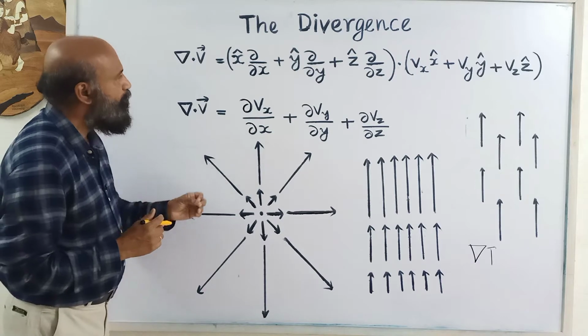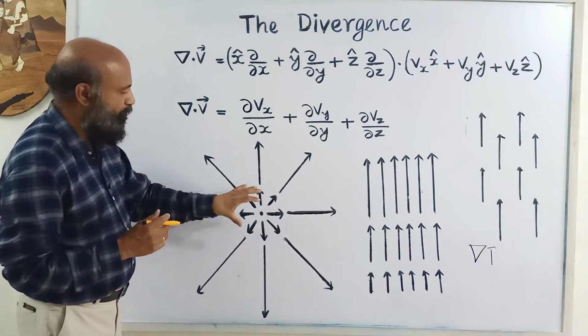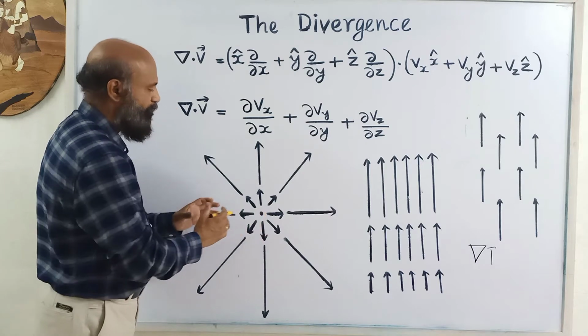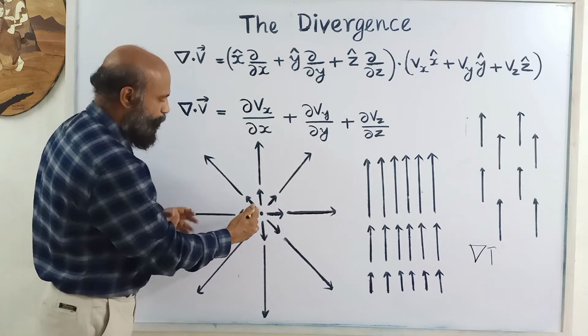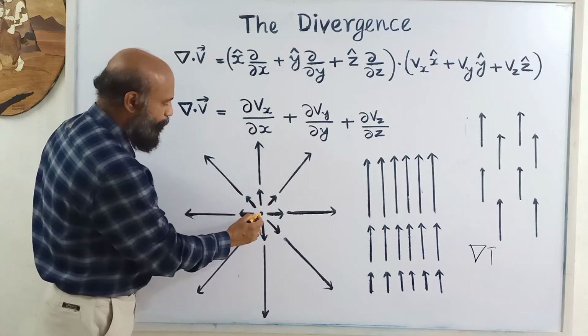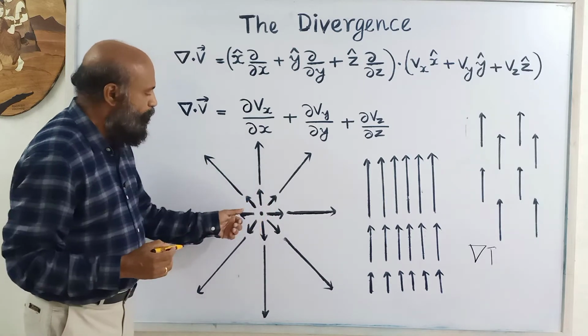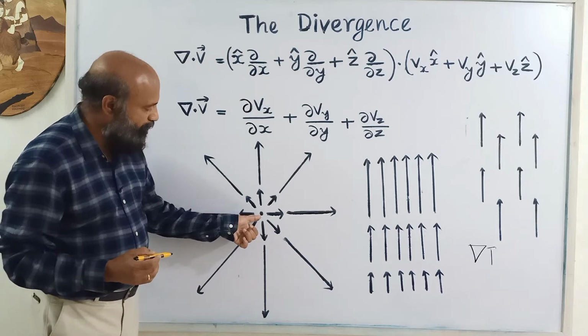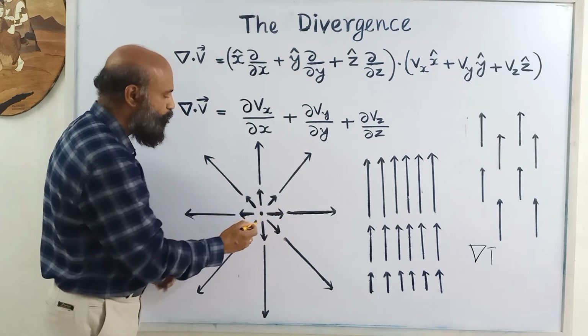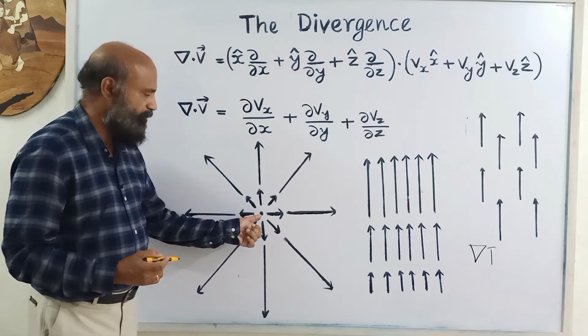The reason: divergence of a vector function gives how the quantity is spreading or diverging from a particular point. For example, here you can see it is diverging from a point, so it has got a positive divergence.